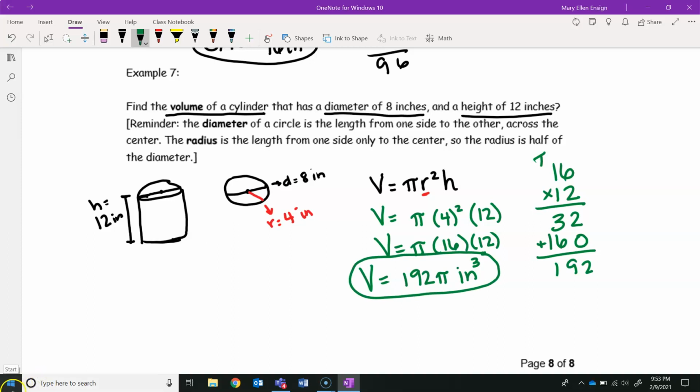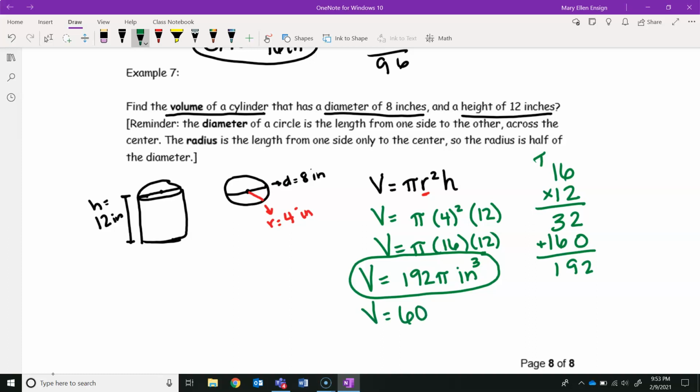or you can, I'm just going to use my calculator over here because I was going to pull one up on the screen, but I'm afraid I might mess up my little recording thing there. So we can take 192 and we can use 3.14 for pi, right? We had talked about how it's really an irrational number.